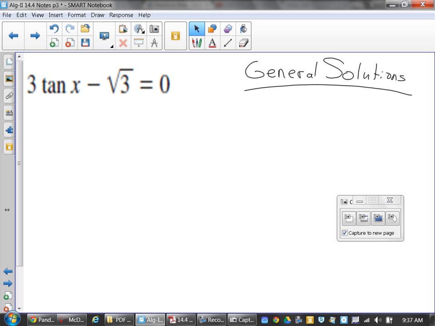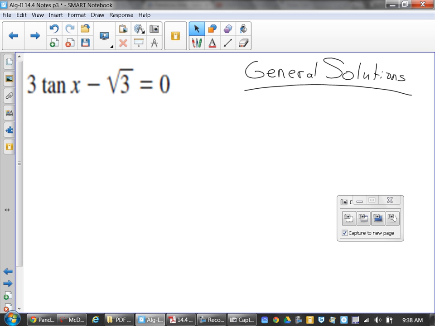General solutions means that you have no boundary. It doesn't matter, you're not bounded by the 0 to 2 pi. You're not looking for the specific angles that are going to give you the value. What you're going to do is figure out how long it takes you to get from that angle back to that angle.